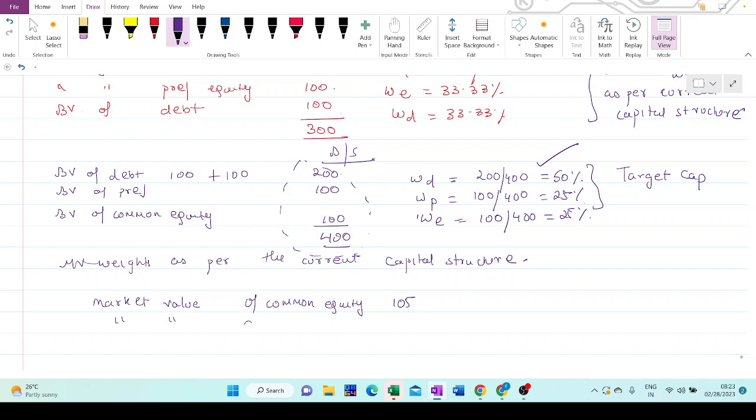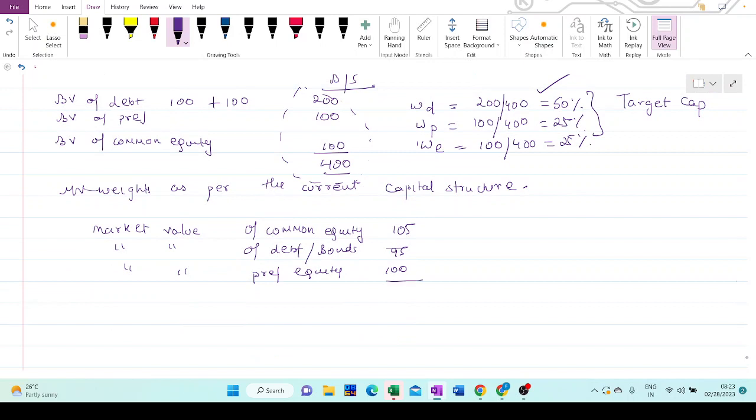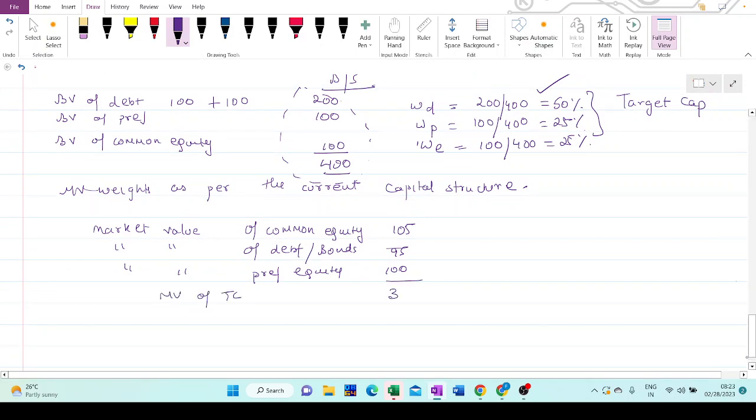Market value of the company's bonds or debt is 95, and market value of preferred equity is, say, 100. So market value of total capital of the company is 300.